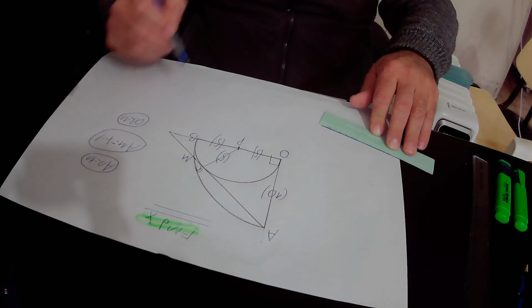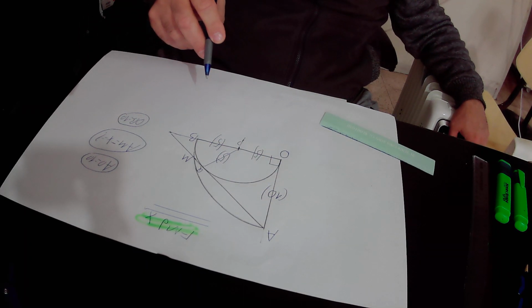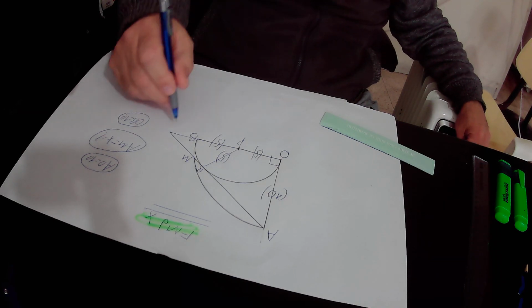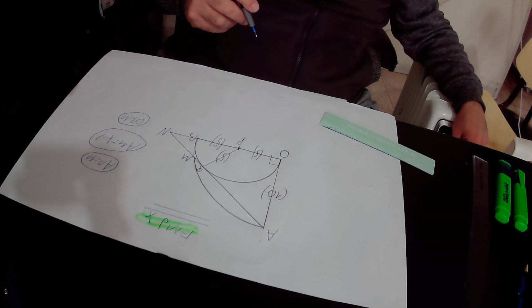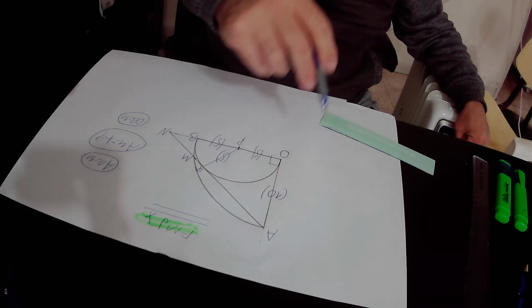We define the touching point of the extended line segment OB and the extended line segment AM as N. By doing this construction, we created the right triangle AON.